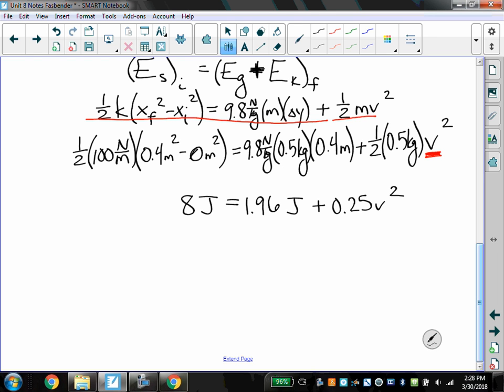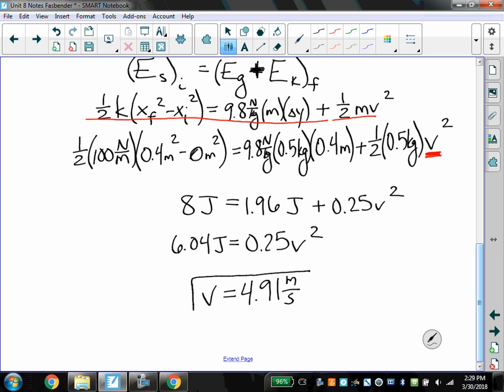So then we can just do the algebra, right? 6.04 joules equals 0.25 v squared. We divide both sides by 0.25. We take the square root. At the end of the day, we end up getting that the speed of this cart is 4.91 meters per second. And that is so much easier than doing calculus.